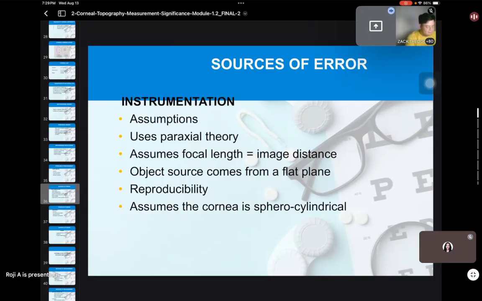Once trial 1 is taken, you are most likely to have a deviation for trial 2. Agree, disagree? Thumbs up means agree. Yes? All right. And it assumes the cornea is a spherocylinder.